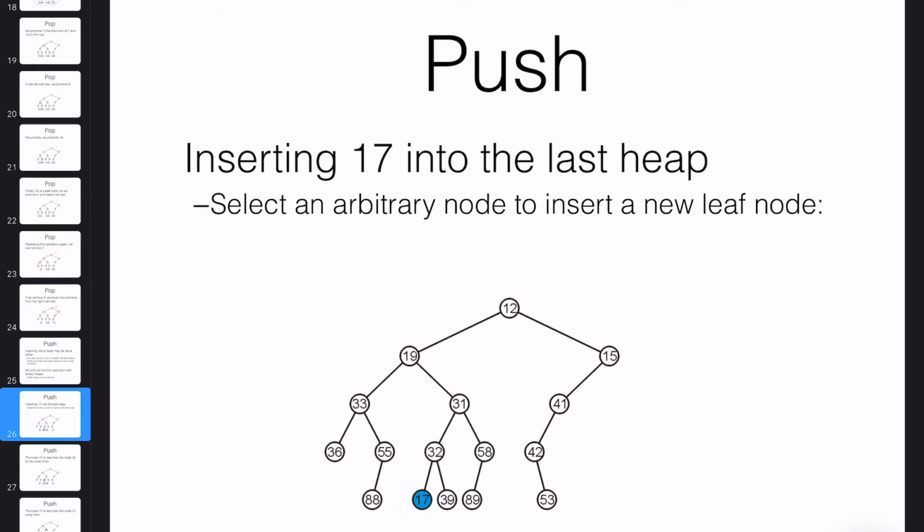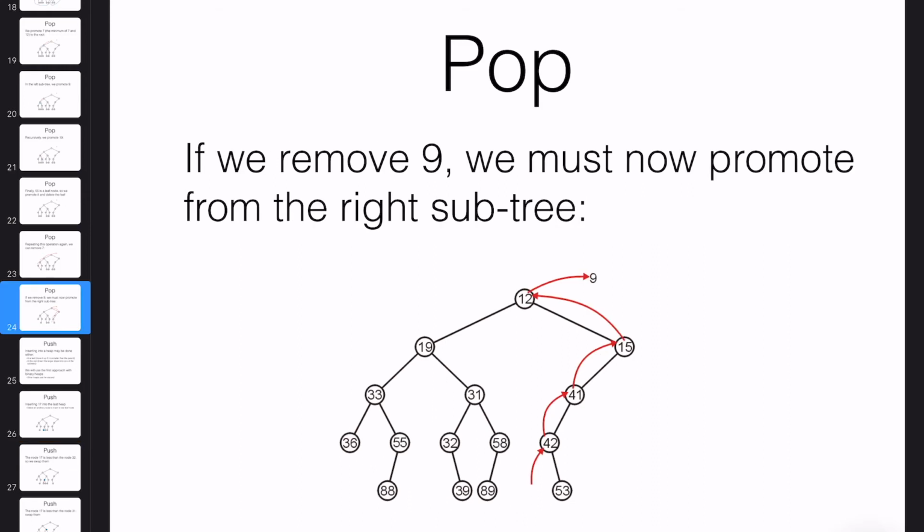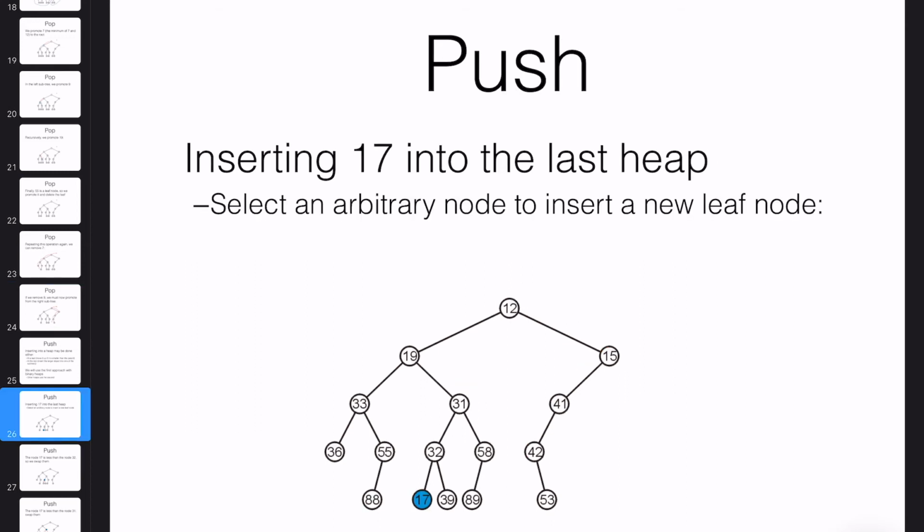Okay, assume in the previous tree that we had something like this, we wanted to insert 17. And where to insert it? A leaf node, an arbitrary leaf node. So for now, just assume that I have randomly found this position here, which was a potential position to insert a leaf node.